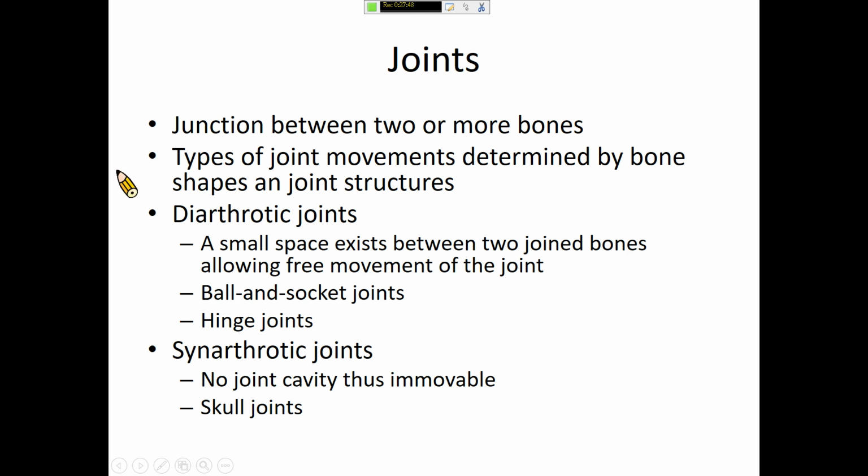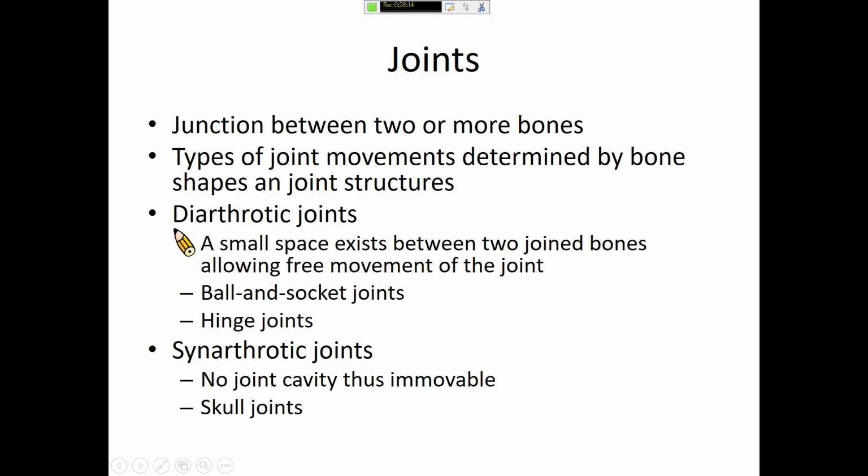Okay, joint. Joint is the junction between two or more bones. Okay? And there are several types of joints. The first type is a diarthrotic joint. Diarthrotic, di means two, right? So these are the joints connecting two bones.